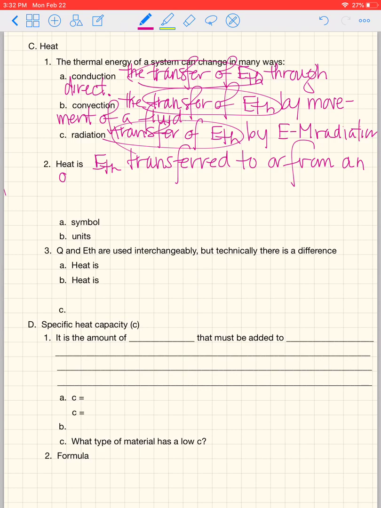When would it be to an object, and when would it be from an object? How could you predict that? You're going to predict it by the difference in temperature of the two objects, or of the object in its environment.